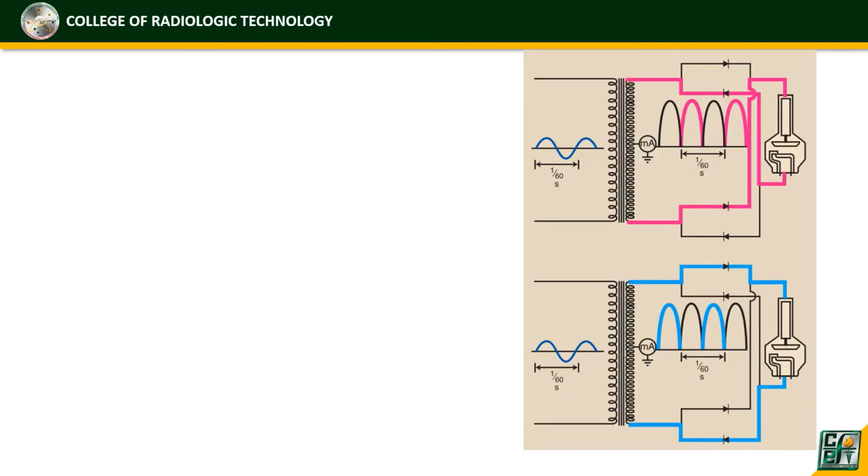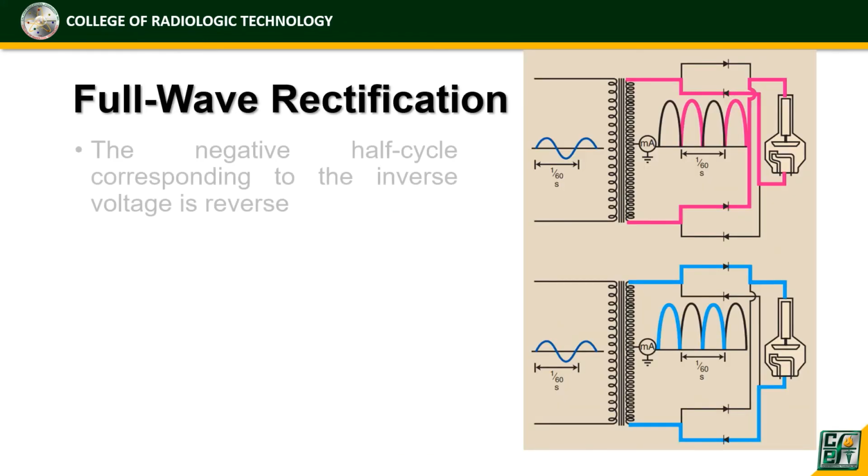Unlike in the full wave rectification, the negative half cycle corresponding to the inverse voltage is reversed. So meaning from this waveform, sa normal na voltage waveform niya, or sa alternating current waveform, magiging ganito.